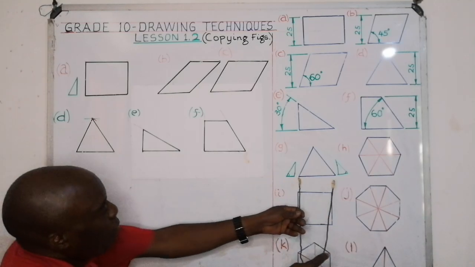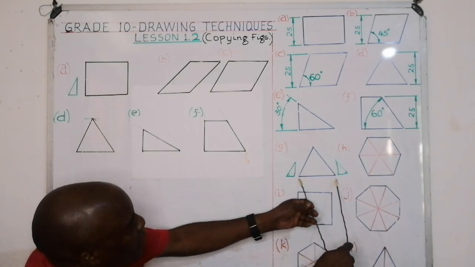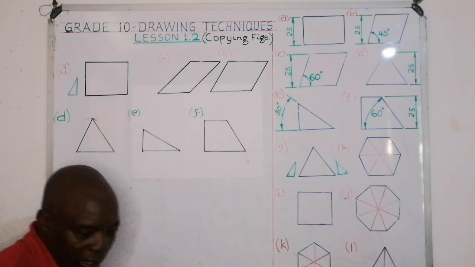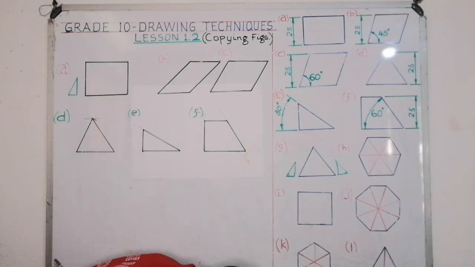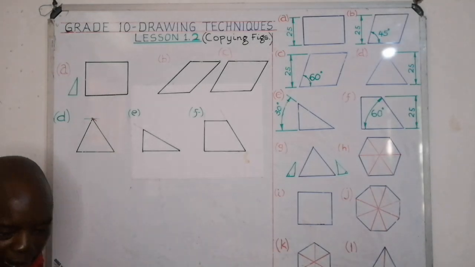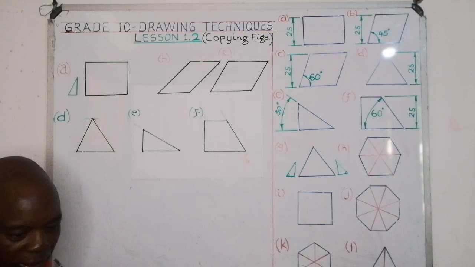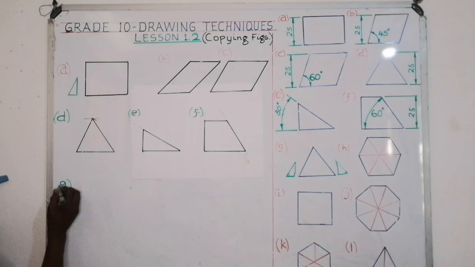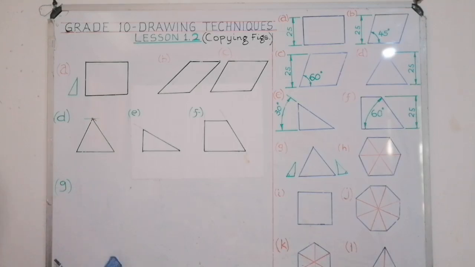Right, let me mark off the base there. I've measured 20, the dimension there. That is FG. FG. Right.